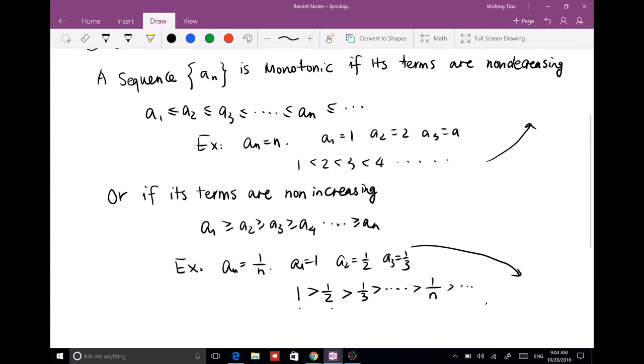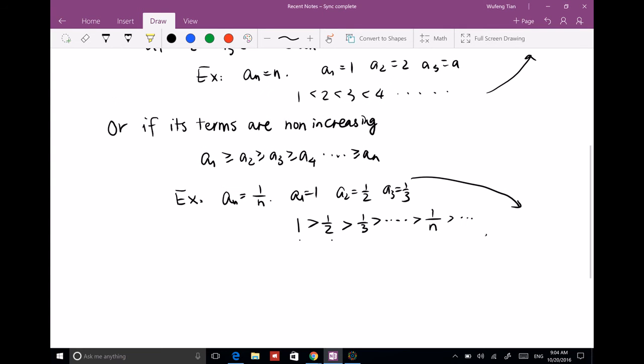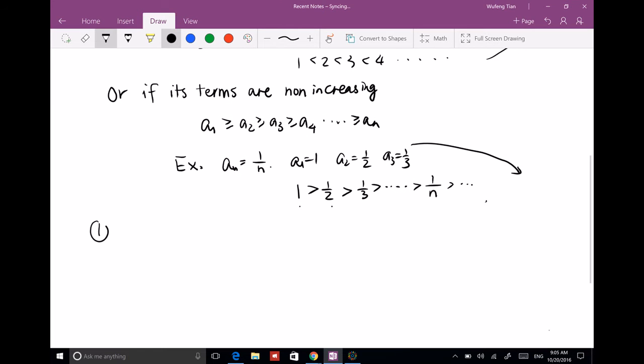Okay, and then look at the next one. A sequence is bounded above.